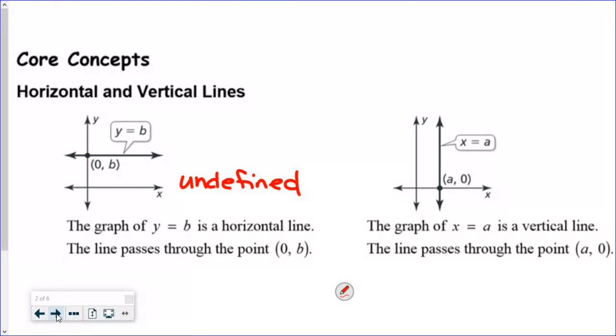So, for example, if this was 3, right here, 1, 2, 3, that would be the equation y equals 3. And the slope of a side-to-side horizontal line is zero, okay? It does not have an x-intercept because it does not cross the x-axis. It only has a y-intercept, and the y-intercept would be (0, 3), right here.